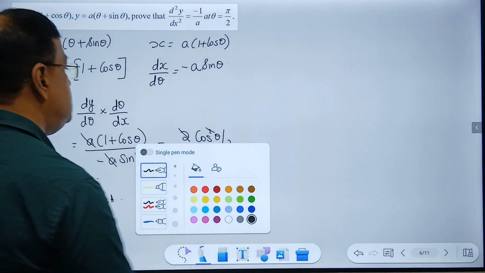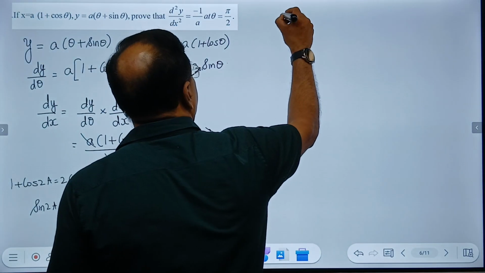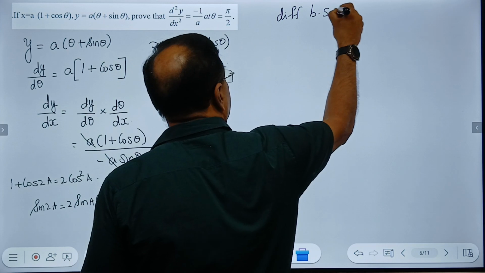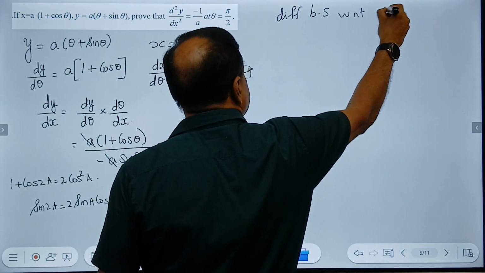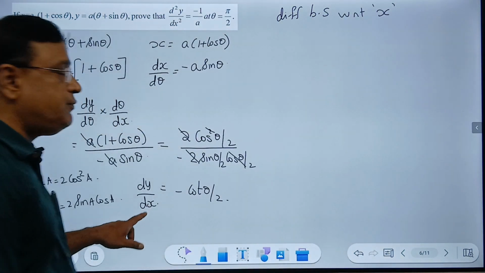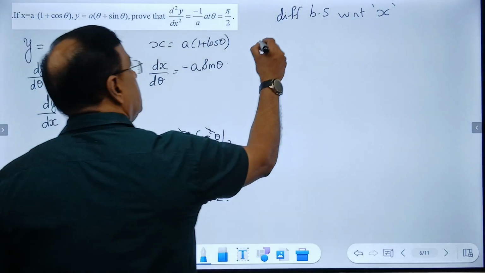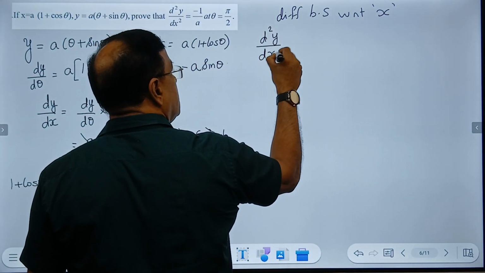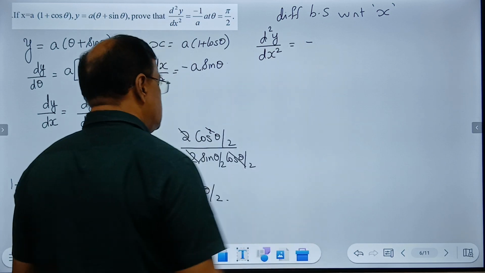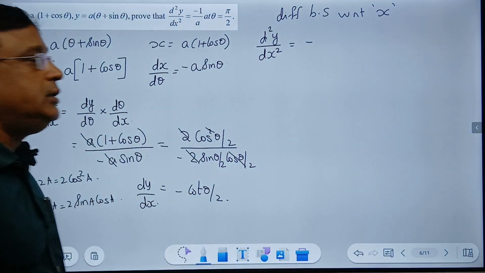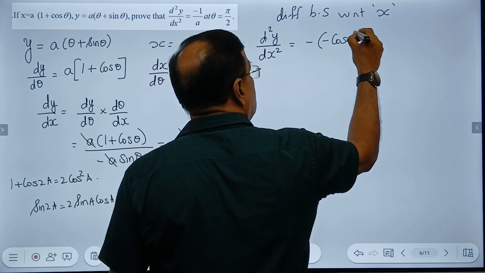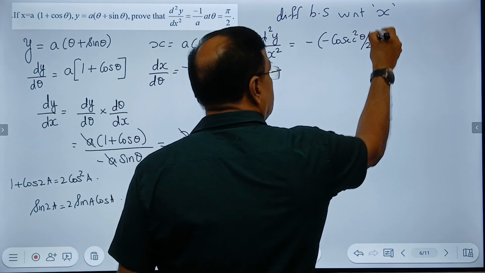Now how to find d square y by dx square? So differentiate both sides with respect to x. So what is differentiation of dy by dx? It will be d square y by dx square, minus, what is differentiation of cot? Differentiation of cot will be minus cosecant square theta by 2.